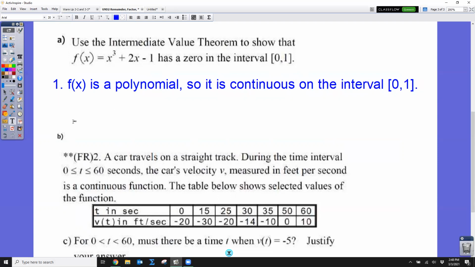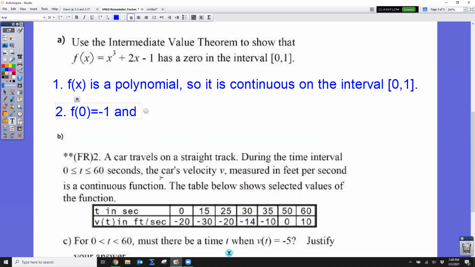All right, so the second thing is we have to show that f of a and f of b are not equal. Well, our interval is 0, 1. So a is 0 and b is 1. So we would say, well, f of 0, we need to find that first. If you plug 0 into this function right here, we would get -1.